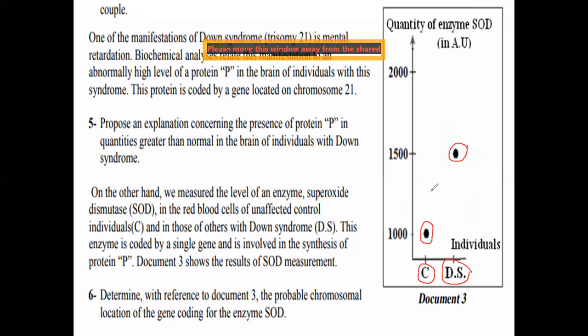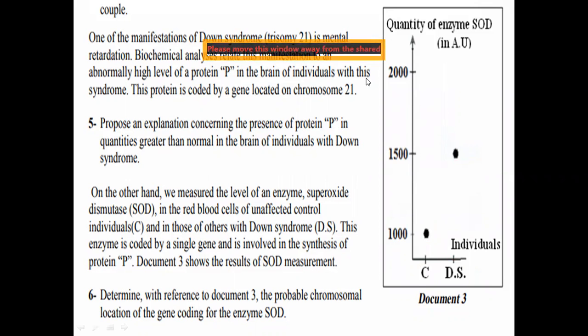So this can be explained by the gene coding for the enzyme SOD being located on chromosome number 21. It's an autosomal localization. From this document, we determined that it's a chromosomal localization. It's autosomal and on chromosome number 21.